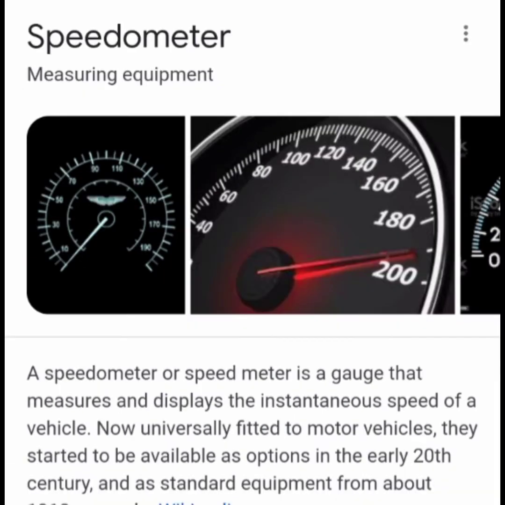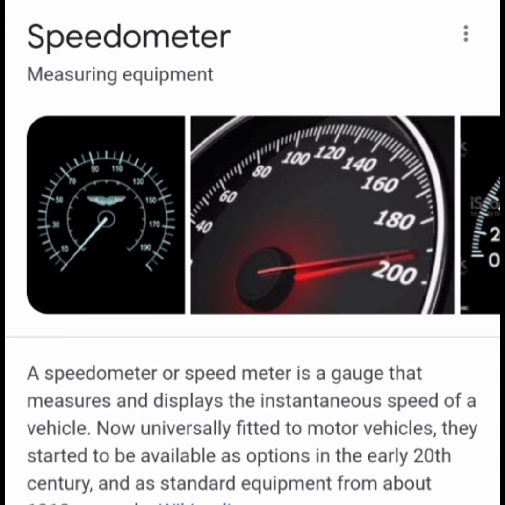Anti-lock braking system: an anti-lock braking system is a safety anti-skid braking system used on aircraft and land vehicles such as cars, motorcycles, trucks and buses.